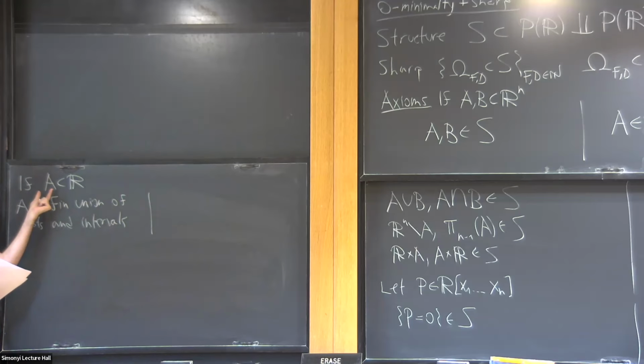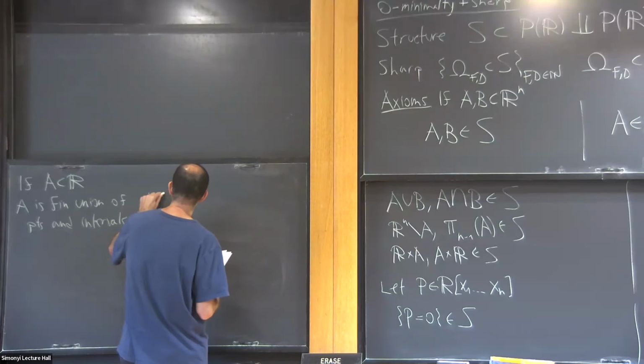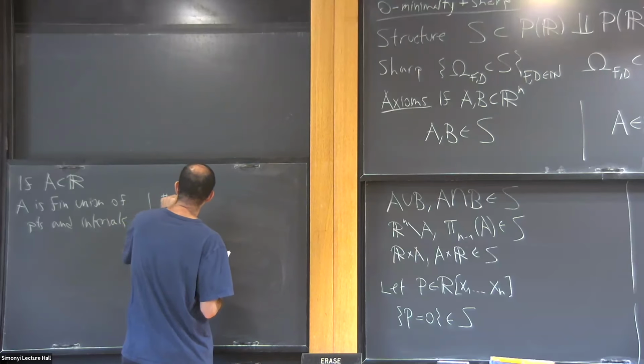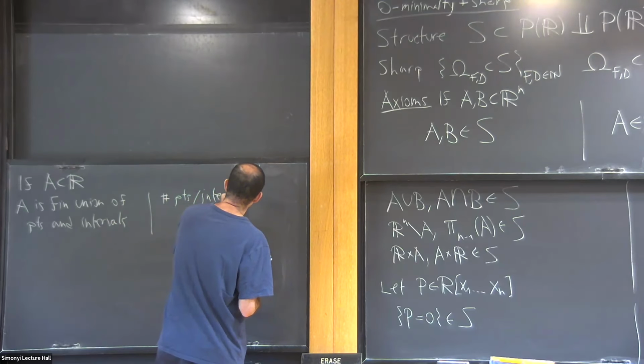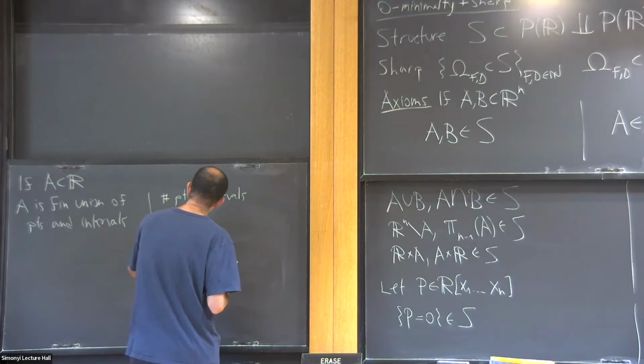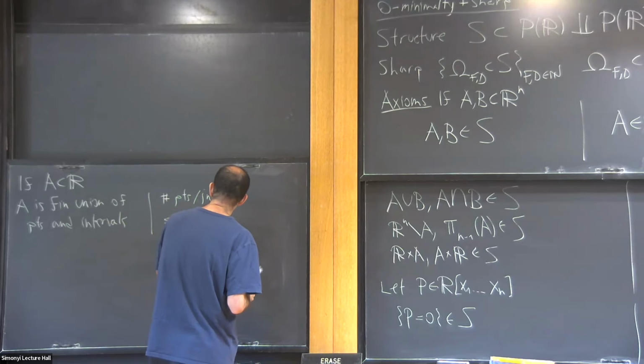So whenever we have a definable set in the real line, it's a finite union of points and intervals. And now in the sharp case, I'm going to say more, I'm going to count them. I'm going to say that the number of these points or intervals is less than or equal to some polynomial, depending on the format, in the degree.